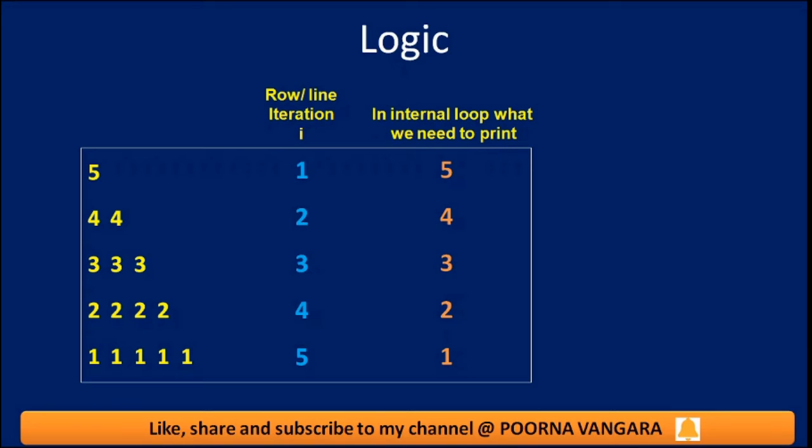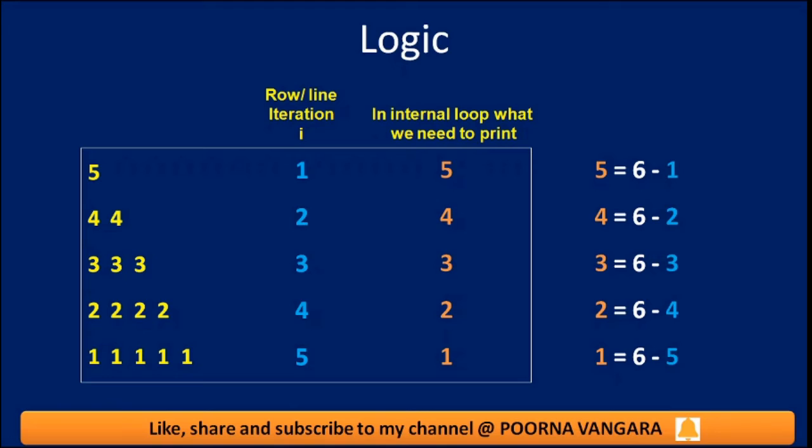Now I need to get this 5, 4, 3, 2, 1 from this particular I. How can I get it? Like this. 5 equal to 6 minus 1, 4 equal to 6 minus 2. So if you subtract the I from a constant 6, you will get this particular character.